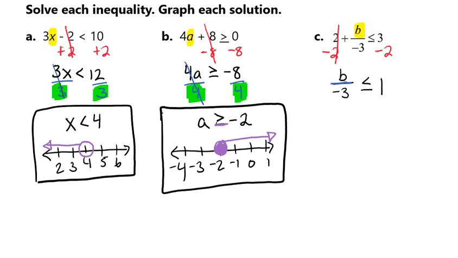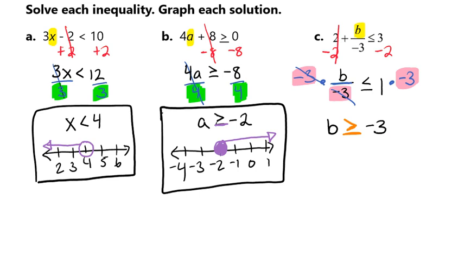Then, to get rid of the division right here, we'll multiply both sides by negative 3, because multiplying is the inverse of dividing. And that's going to leave us with b is, oh, and we have an issue here, or it's not really an issue, but because the 3 was a negative 3, that means that our symbol is going to switch to a greater than or equal to.